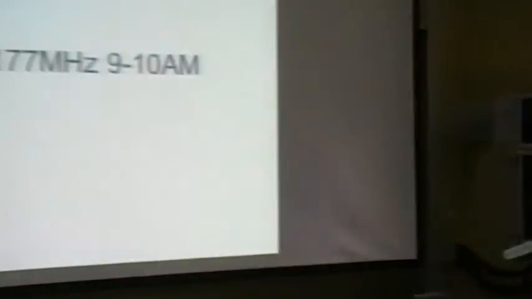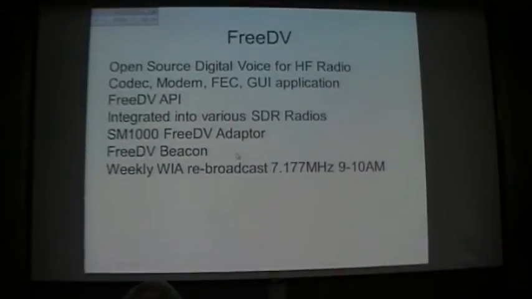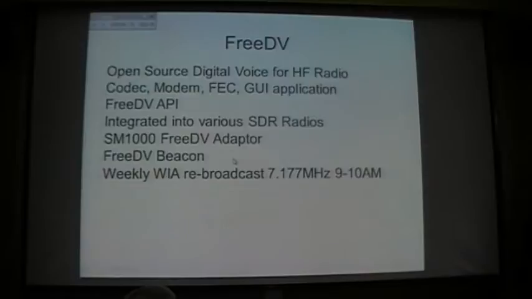Okay, so what is FreeDV? Until recently, it's basically open source digital voice for HF radio. It consists of Codec 2, which I developed, a modem designed for the HF channel, in particular digital voice over HF. It's got a little bit of forward error correction, and to run FreeDV, you can use a GUI application that you can download for Windows or Linux or the Mac.